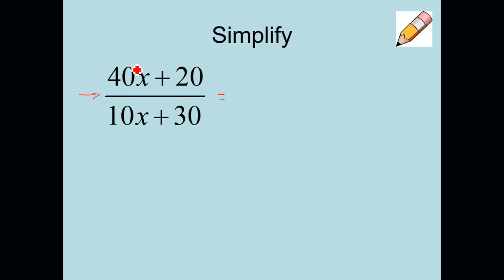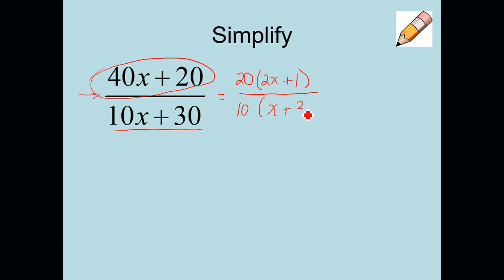I need to divide or factor the top here, divide something common out of what they both contain, essentially. So I'm going to divide them both by 20, or factor out a 20, leaving me with 2x plus 1. On the bottom, I am going to factor out something these guys have in common, like a 10. I can divide a 10 out of both of those terms, which leaves me with x plus 3.